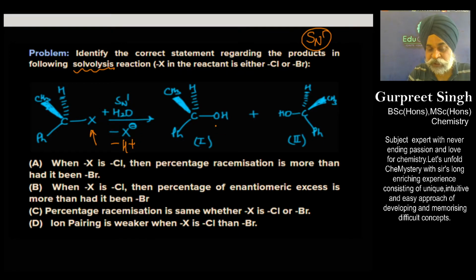Now whenever in organic chemistry, during the reaction, stereochemistry is engaged, the question becomes very interesting. So what you are able to see is that after the reaction you end up getting two products, and these two products are non-superimposable mirror images of each other, and so these are said to be enantiomers. These two are an enantiomeric pair.